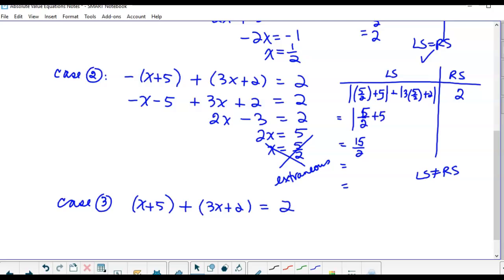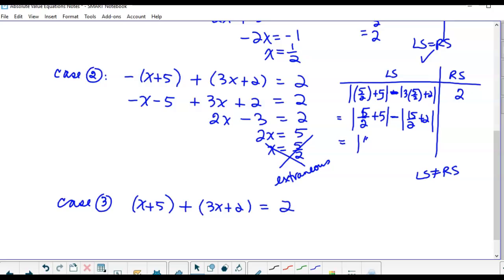I'll explain to you why. So this should be minus. This would be 15 over 2 plus 2. Because I didn't go back to my original equation all the way. I tried to use my brain, which is not working.